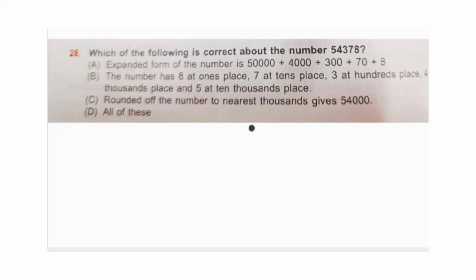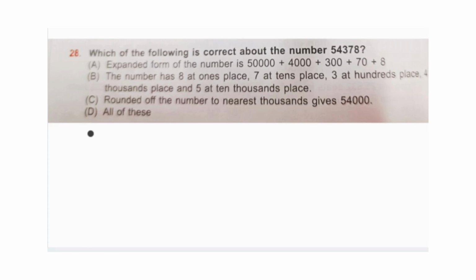So now we are at question number 28 from the Achievers section. Let's try to read this question. Which of the following is correct about the number 54,378? Let's see if A is correct, B is correct, C is correct, or D is correct.